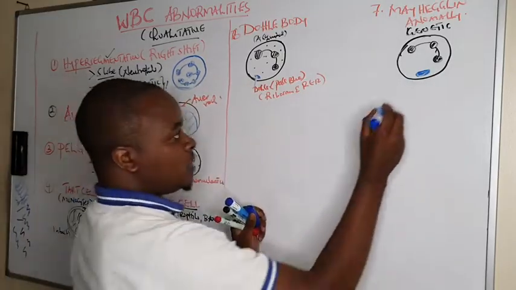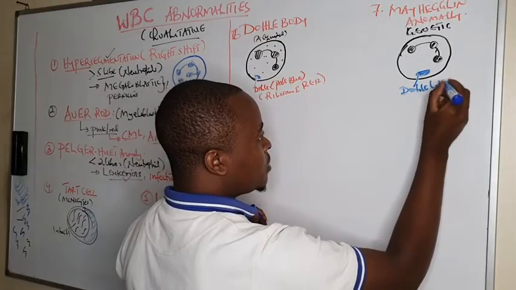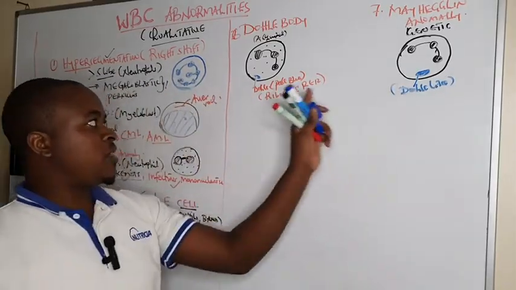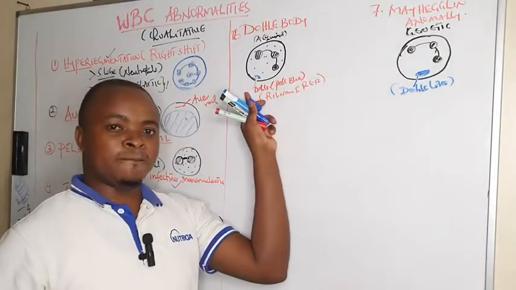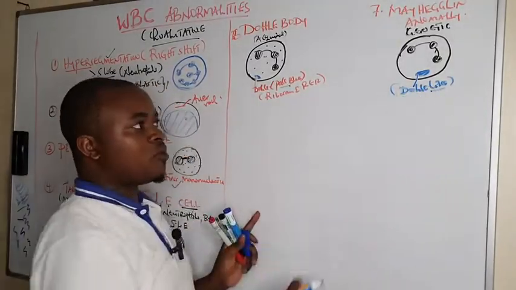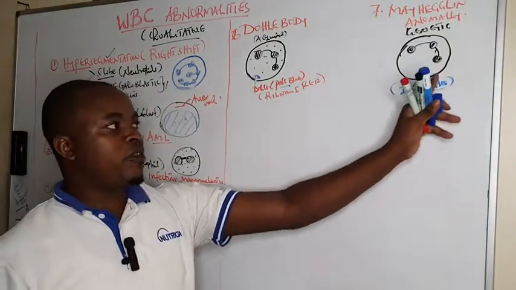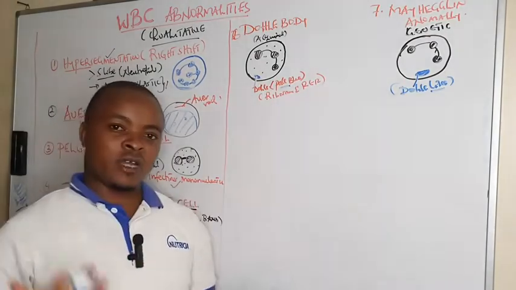This is a Döhle-like body, but it is larger than the Döhle body. This one stains pale blue, whereas this one stains dark blue and very prominent, all of them located in the periphery of white blood cells.